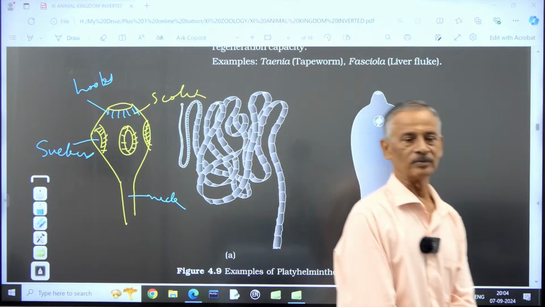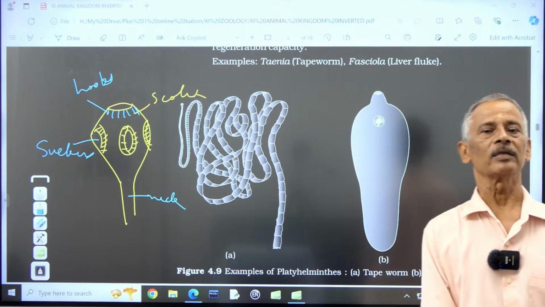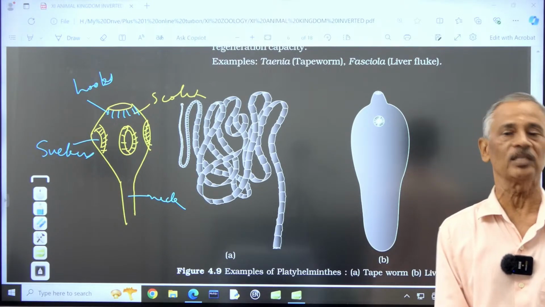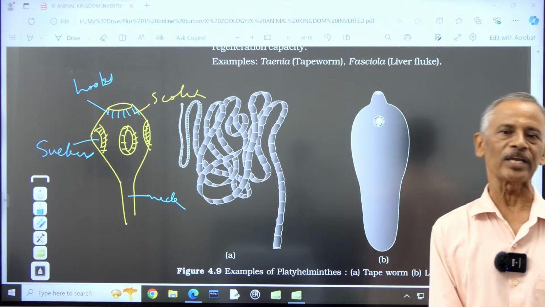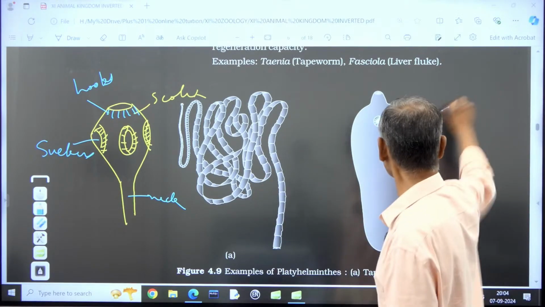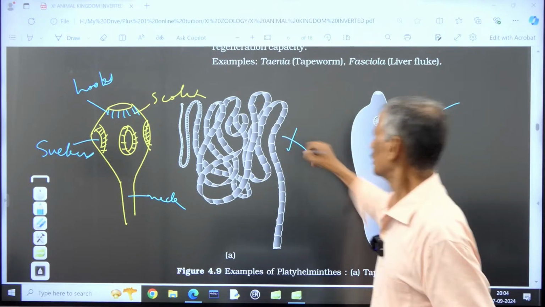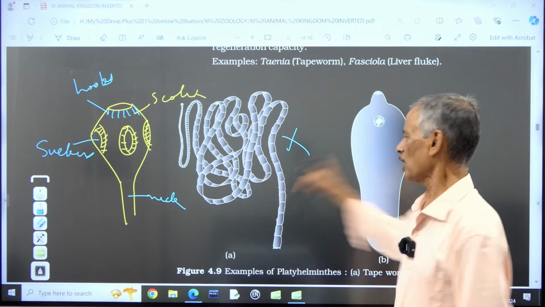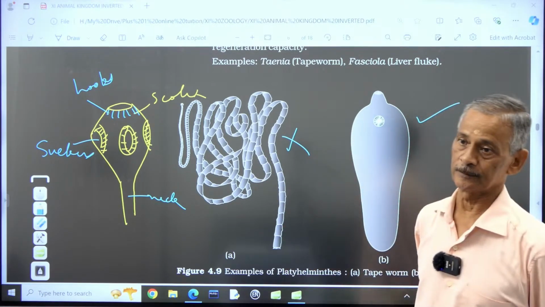Planaria is a freshwater, free living platyhelminth with an amazing power of regeneration. We studied this in chapter 1. Planaria has an alimentary canal. Liver fluke also has an alimentary canal, which is incomplete. But tapeworm has no alimentary canal. These 2 are parasites, while Planaria is free living.